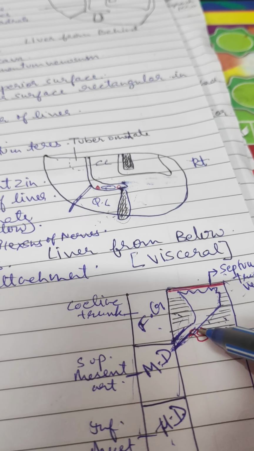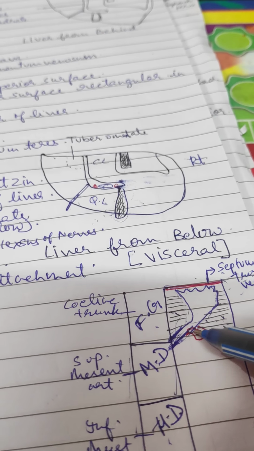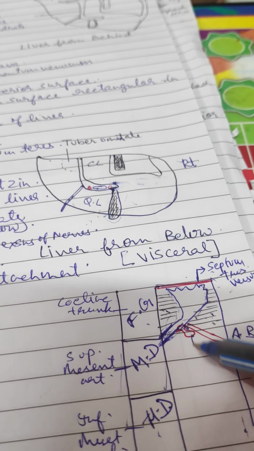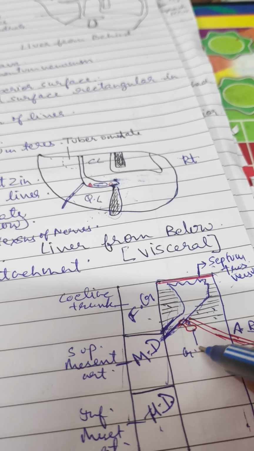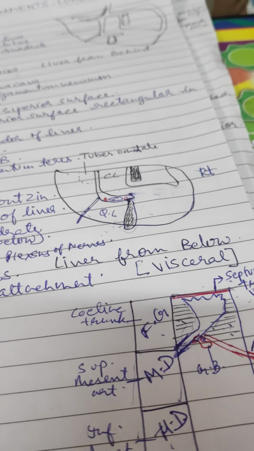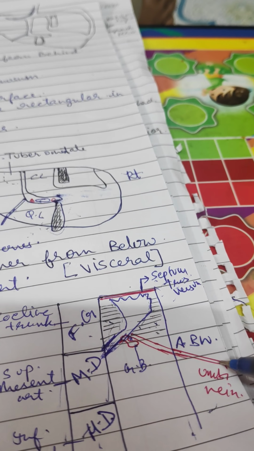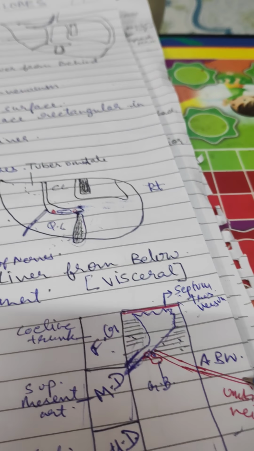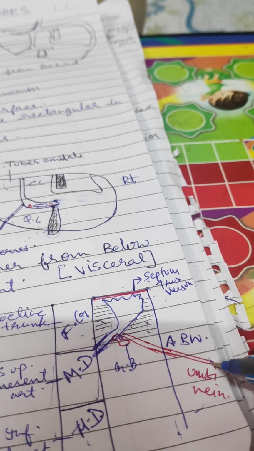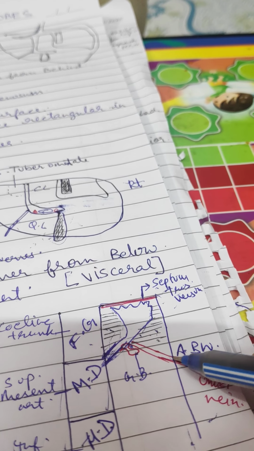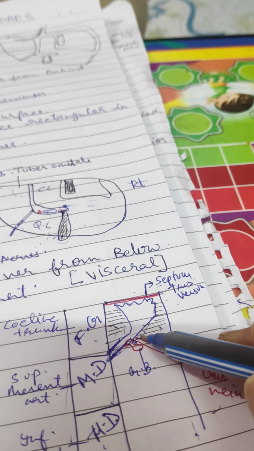So if we see, one more bud herniates from this lower side, and this will form the future gallbladder. Okay. And now since there is an umbilical connection, through it mother's blood is going to the liver. This is the umbilicus, blood is going inside.